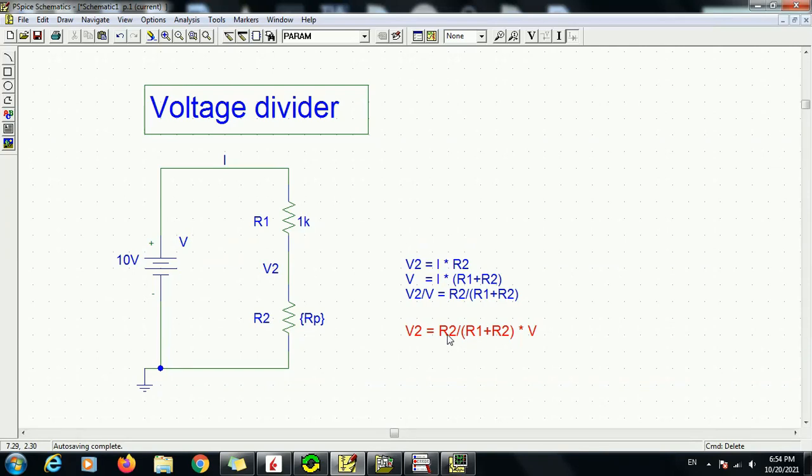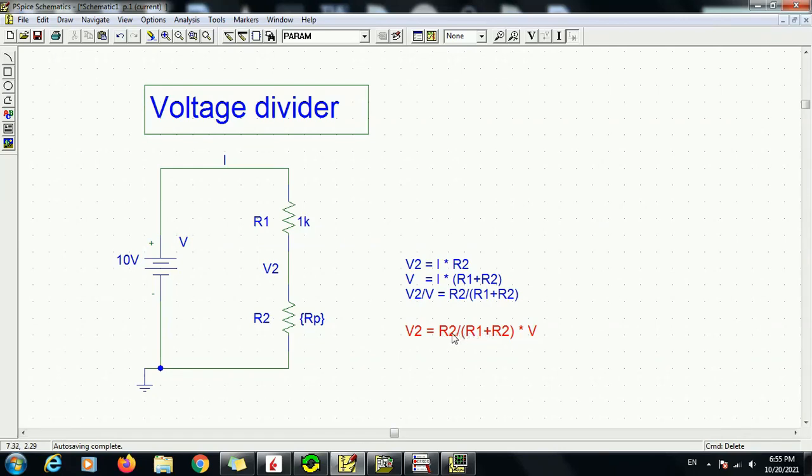It is clear that as R2 increases, V2 will also increase. But we don't forget that in the denominator we also have R2. So at the same time the numerator is increasing, the denominator is also increasing. This tells us that the changes will not be linear.